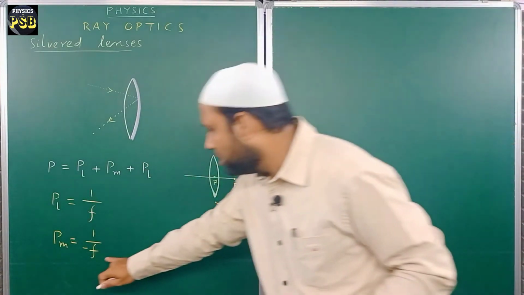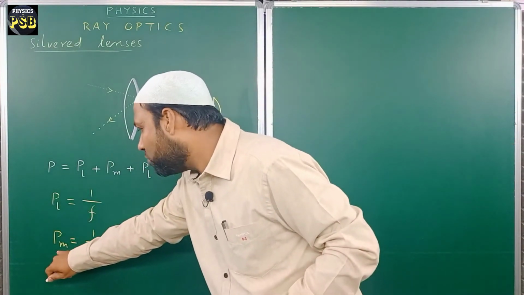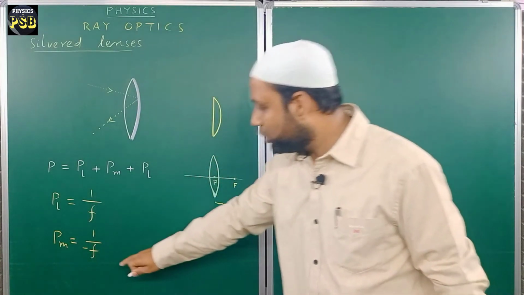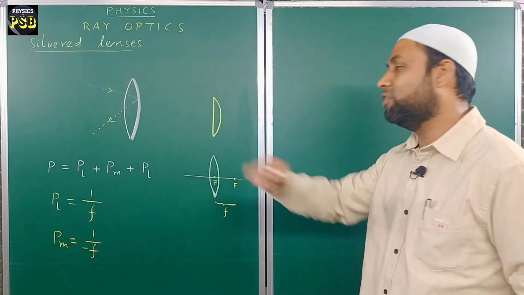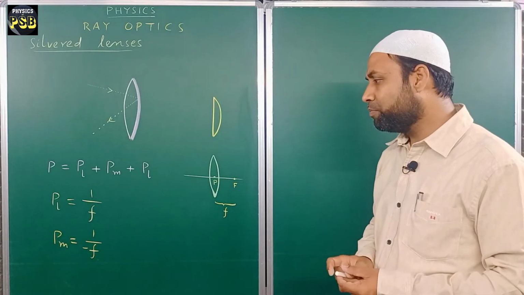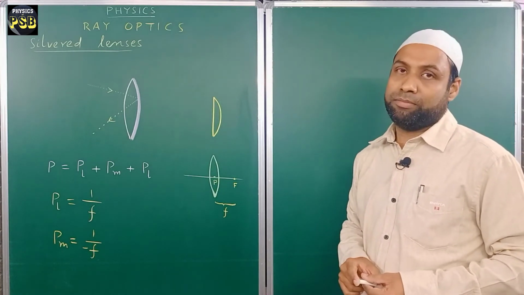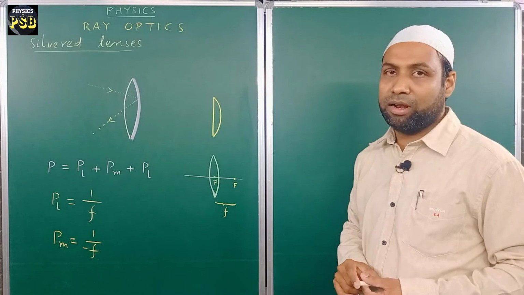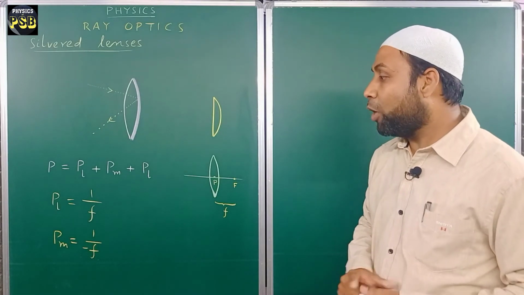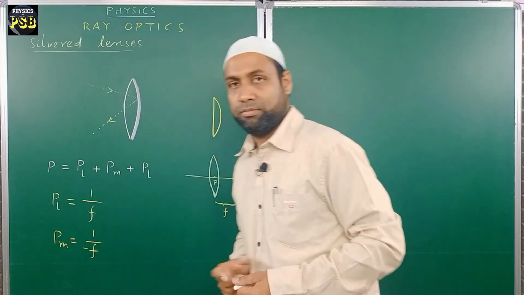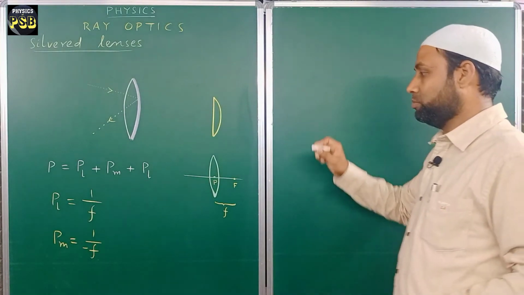Now here I told you power of the mirror is the reciprocal of the negative of the focal length of the given mirror. So for this reason, a concave mirror whose focal length is given in negative has a positive power.